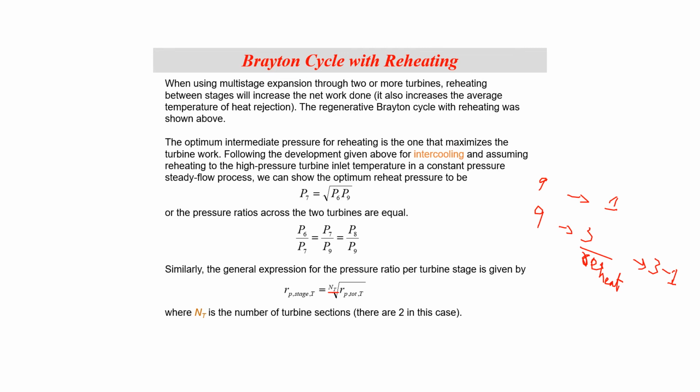And similarly, if you had two reheaters, for example, you go from 8 to 4 and then reheat there, and then 4 to 2 and then reheat there, and then 2 to 1. The mouse unfortunately does not allow me to write that effectively, but I hope you are still getting the message.